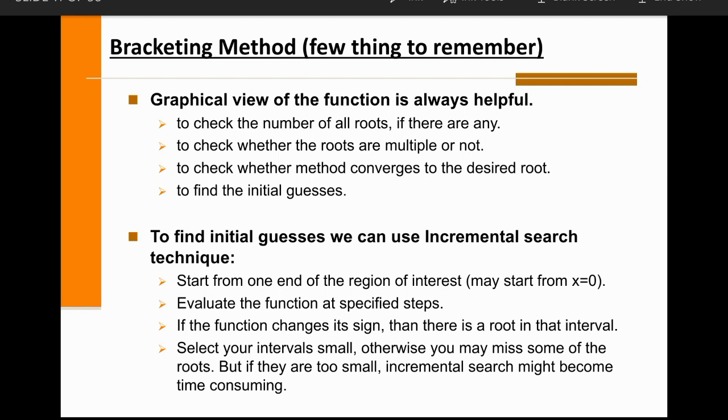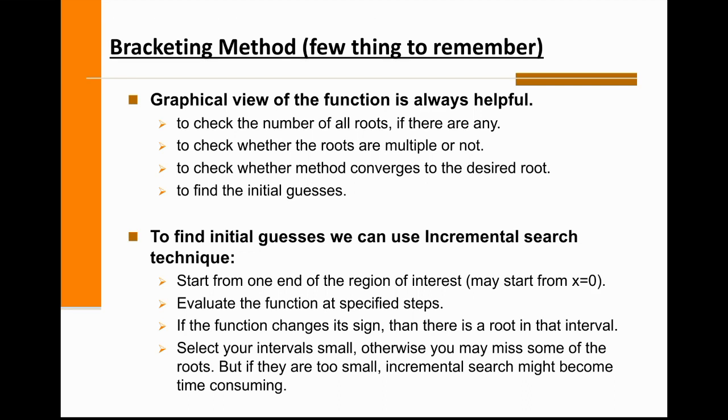It may take around 20 to 25 to 30 iterations, because of the slow convergence of the bisection method. At that instant, you can use the incremental search technique to refine your bracket, to improve the speed of the method, right?